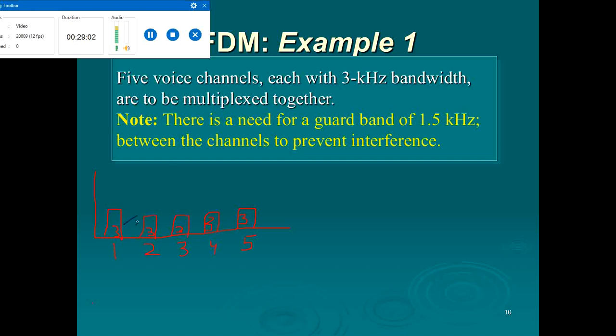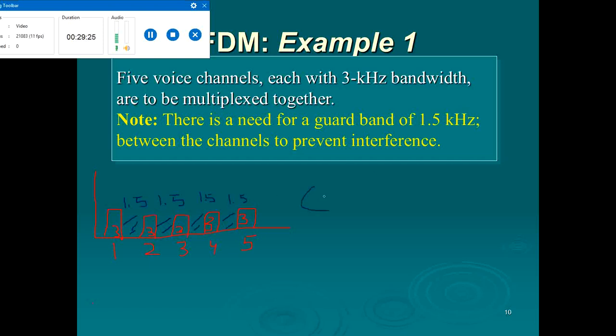So this is the first guard band between channel 1 and 2, then between channel 2 and 3, then between channel 3 and 4, and then channel 4 and 5. And what is the bandwidth? It is 1.5, 1.5, 1.5 and 1.5.